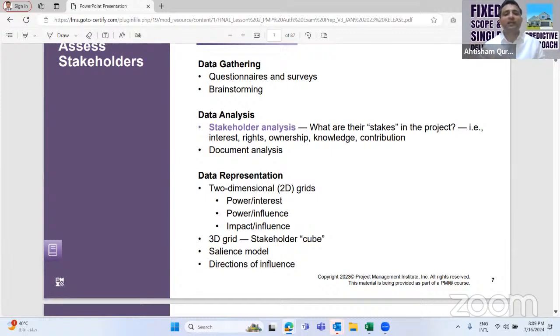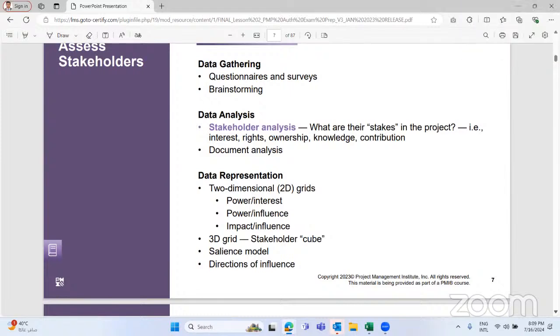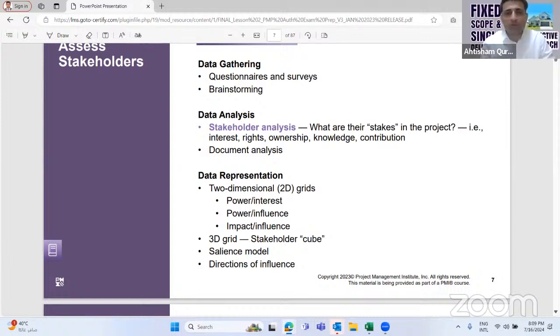So for this, I need to ask more questions and dig deep, right? So I will prepare some questionnaires, surveys, and do some brainstorming to reach this information, right? Yes, sir. Okay, so that is called stakeholder analysis.